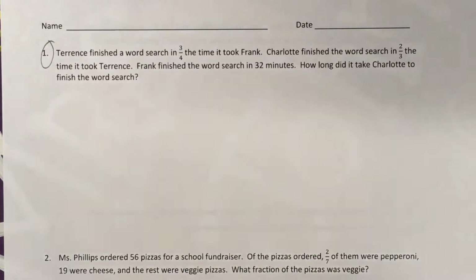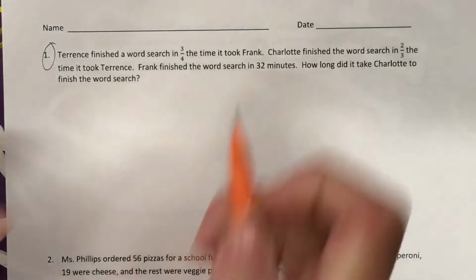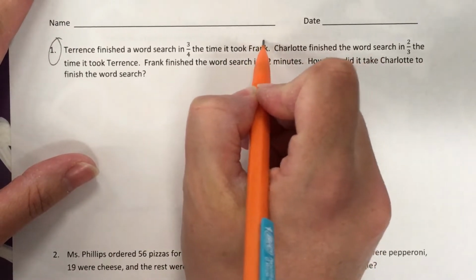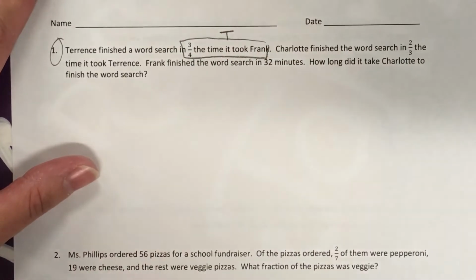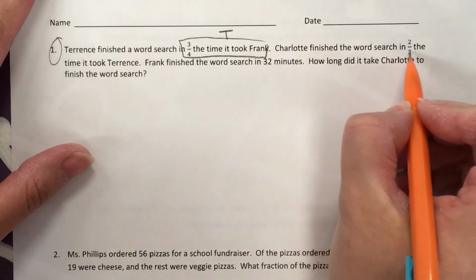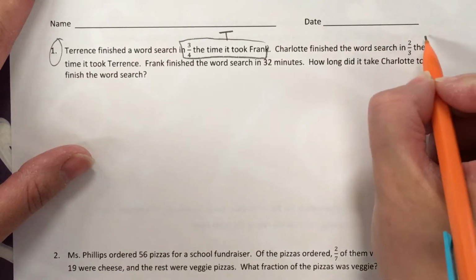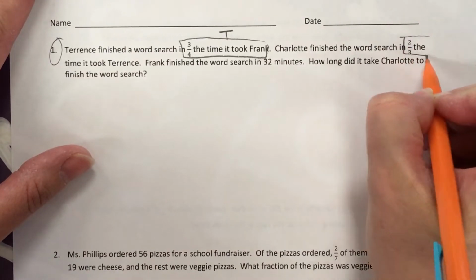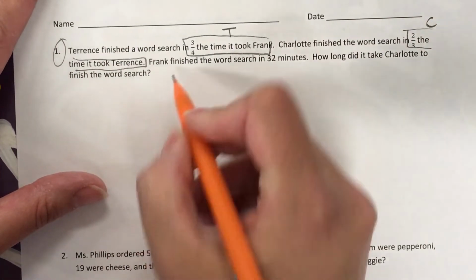So the problem says Terrence finished a word search in 3/4 the time it took Frank. So I'm just going to label that T above there for Terrence. Charlotte finished the word search in 2/3 the time it took Terrence. So I'm going to box in 2/3 the time it took Terrence, and I'm going to put a C here for Charlotte.